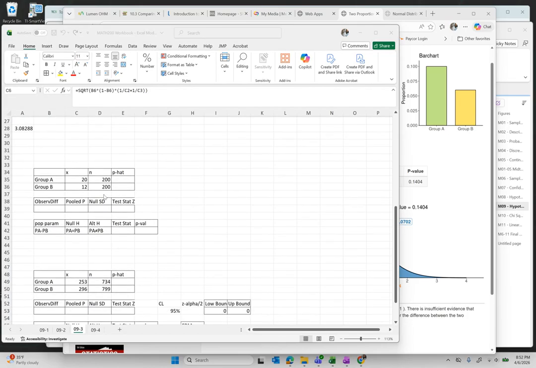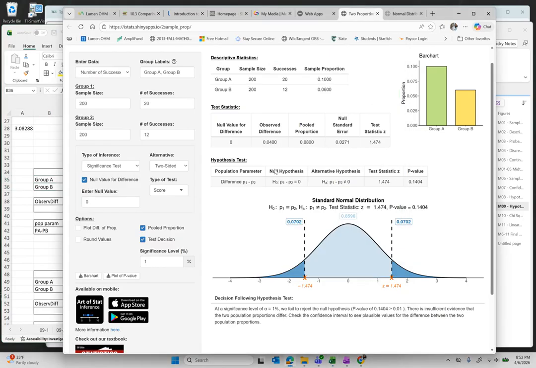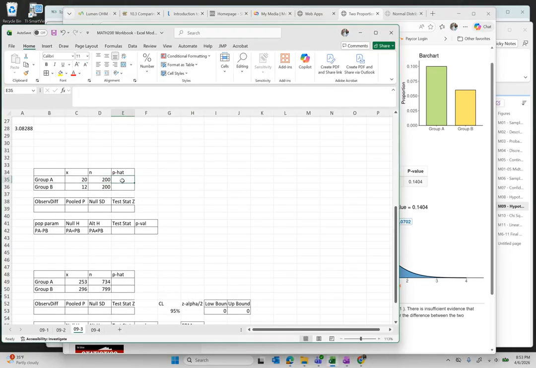So I have here the table where I have entered the X and the N for every one of the samples. This is group A, that will be population 1, and this is group B, that will be population 2. And I'm trying to imitate it here with ArtofStat. So I need to find the sample proportions, PA hat and PB hat.